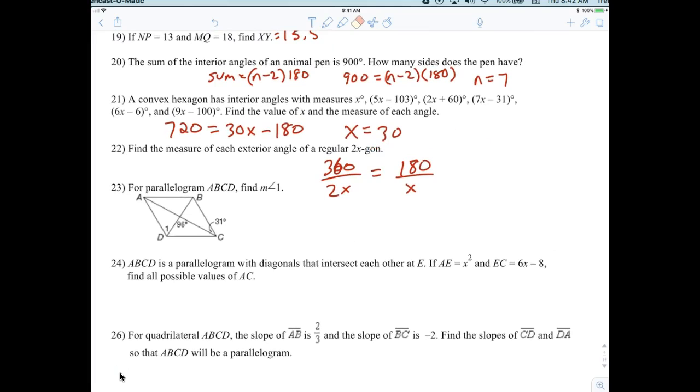You're right. Thank you very much. How do you get 7? Hexagon. 6 minus 2, oh yeah. So the 360 over 2x, you don't need to do that, right? 180 over x.